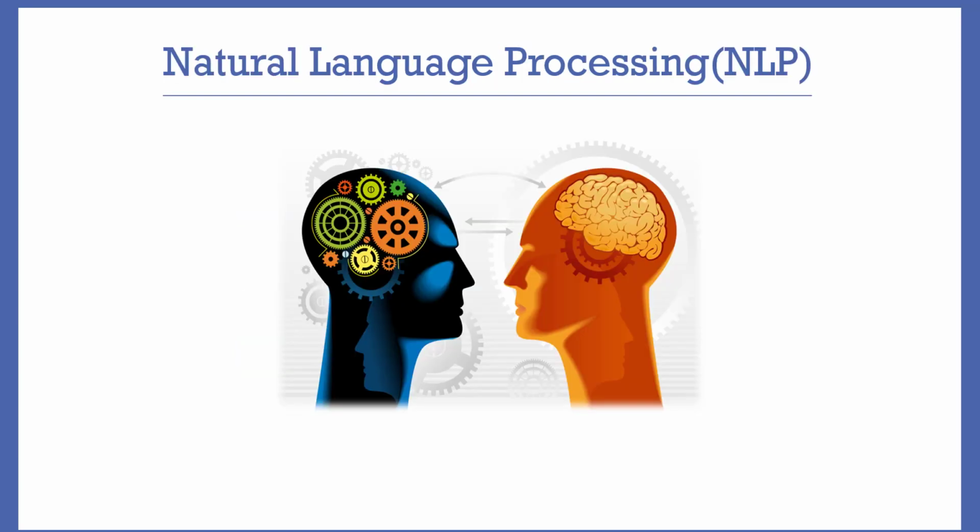The next application of text mining is NLP, that is natural language processing. It is one of the popular applications of text mining. Now, NLP is a field of computer science, artificial intelligence, and linguistics concerned with the interactions between computers and human natural languages. It deals with analyzing, understanding, and generating the languages that humans naturally use in order to interact with computers.